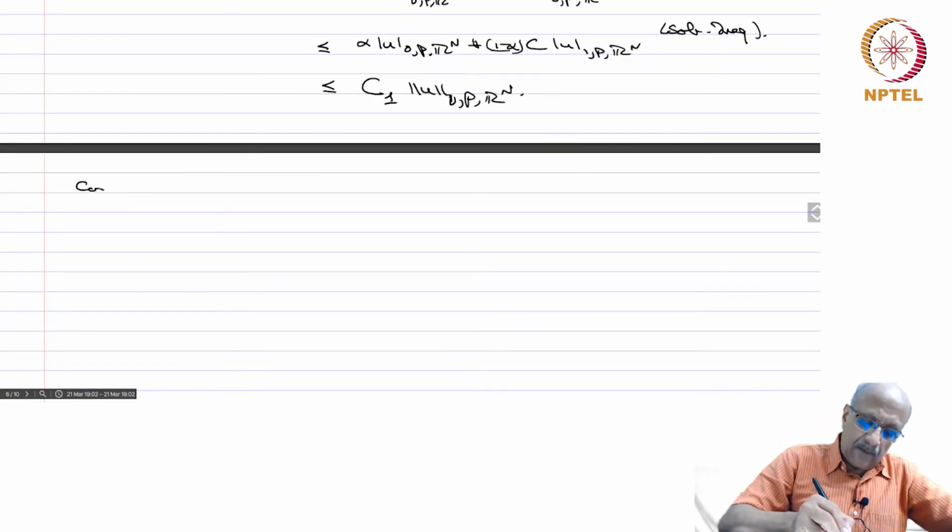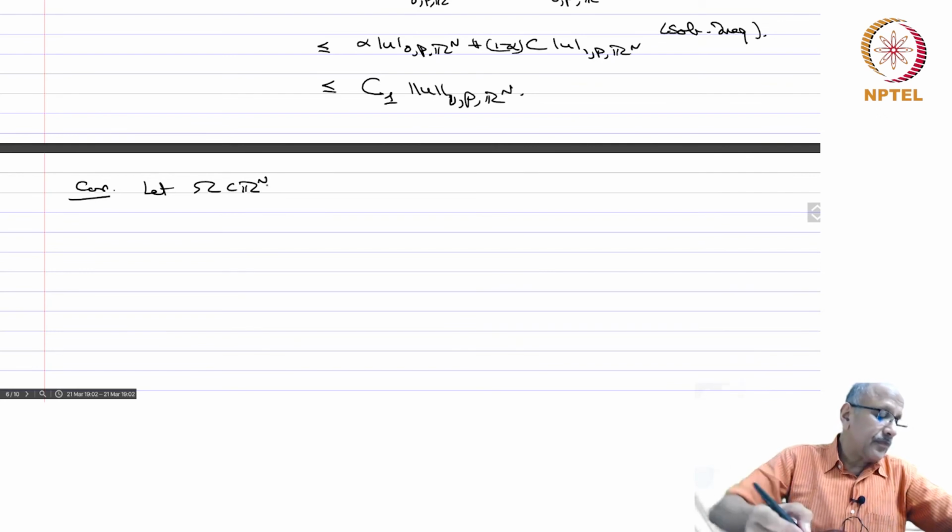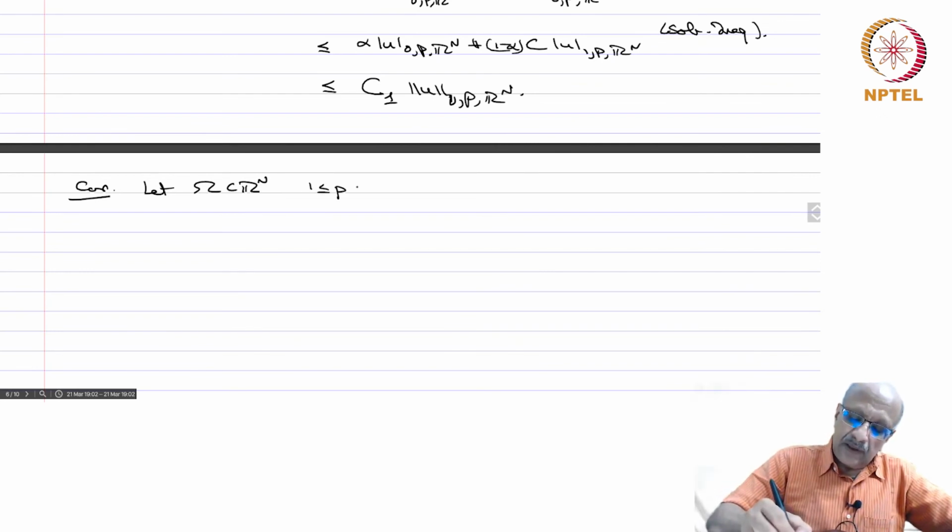Next corollary: let omega be contained in R^n and 1 less than or equal to p strictly less than n.